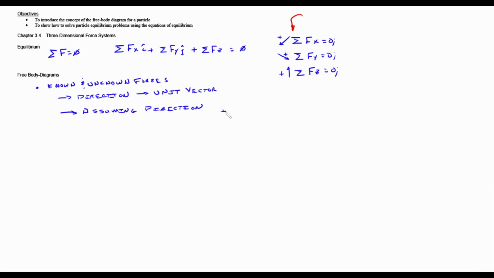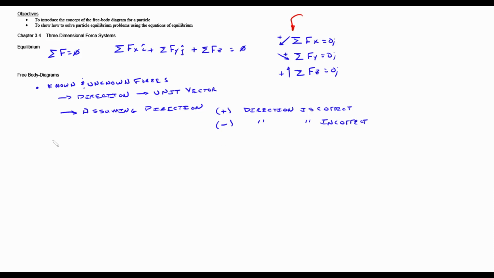If our answer comes out to be positive, we know that the direction that we assumed is correct. If the answer we get is negative, our direction was incorrect, meaning that it is going in the opposite direction than we assumed.